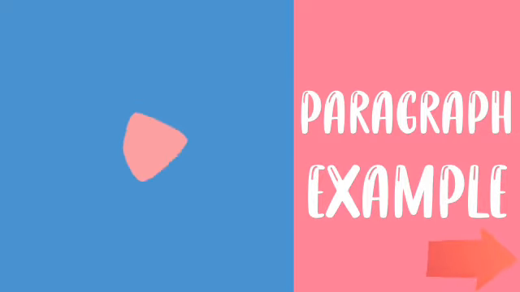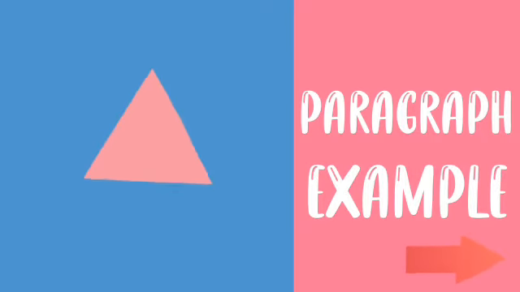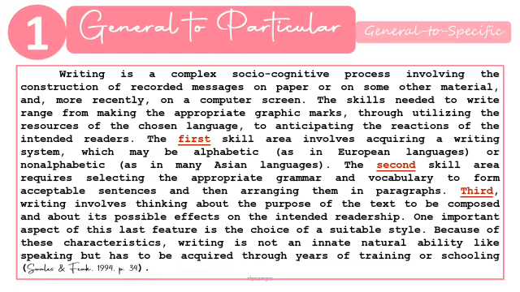Let us have an example. Read the paragraph silently and identify the grammatical signals. In this example, the first sentence presents the general statement about the writing process.